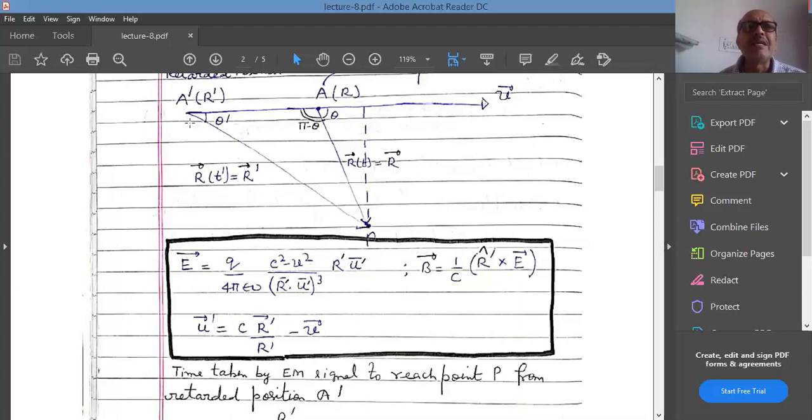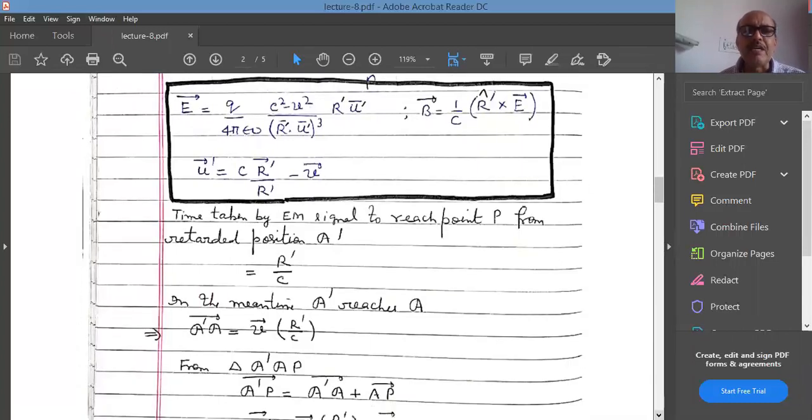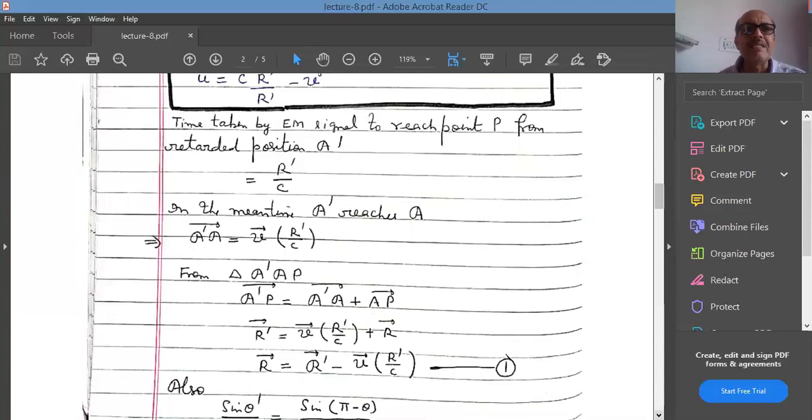So I will write down the other equation, that will be our equation number 2. It will be sine of theta dash upon R is equal to sine of pi minus theta divided by R dash. So I will write down these two equations here by making use of this simple vector calculus.